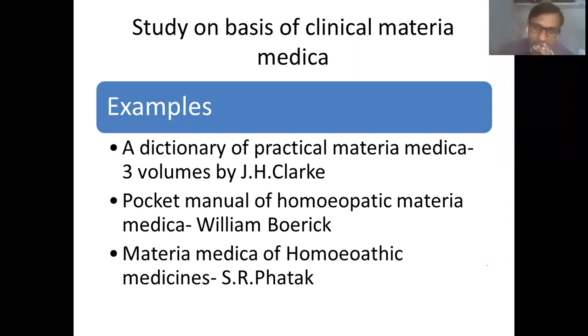Nobody has added any remedies. There are no additions to the information in these books. And lastly, the Materia Medica of Homeopathic Medicines by S.R. Pathak. So these are the examples of this clinical type of materia medica.